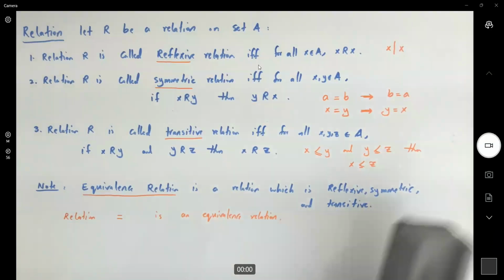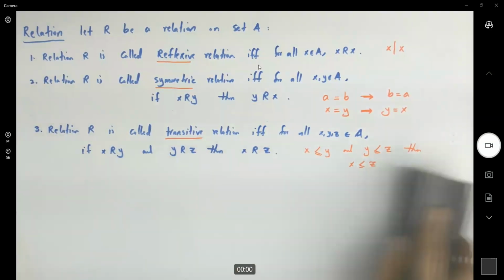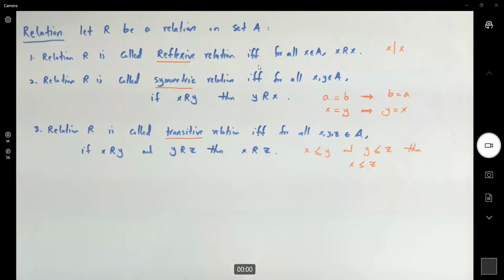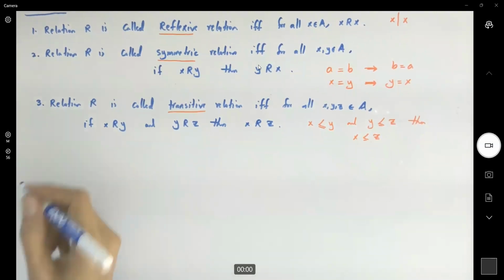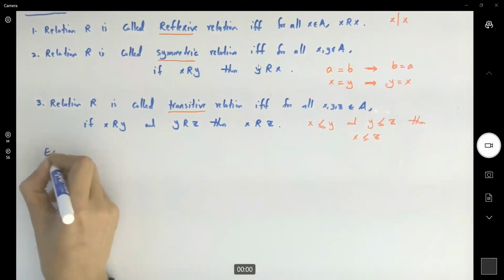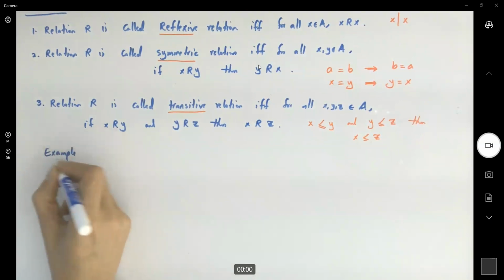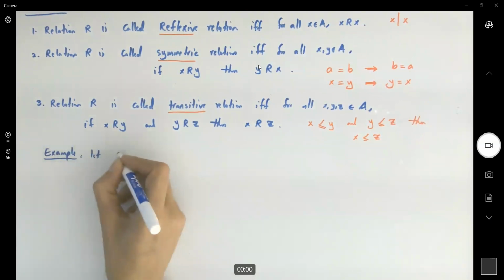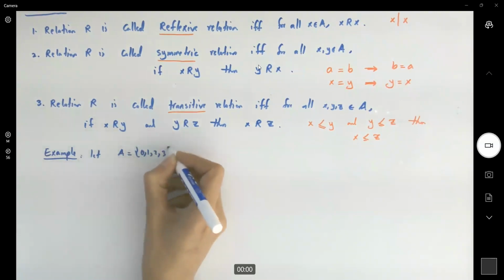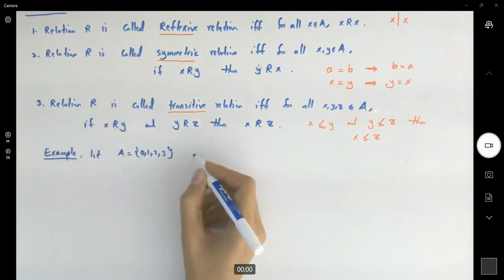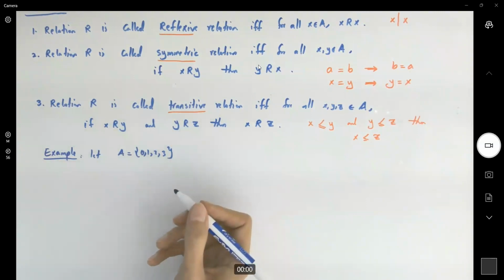Let's take a look at this example here. In this example, we have the following set. Let set A be defined as 0, 1, 2, 3, and we're going to define the following relations.